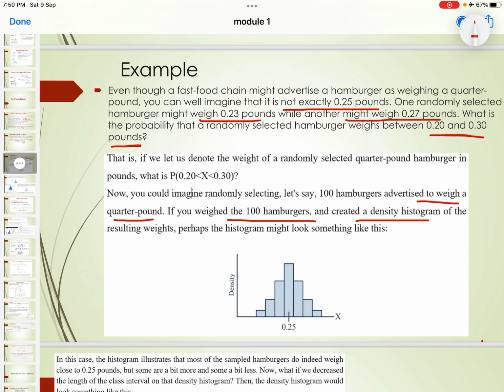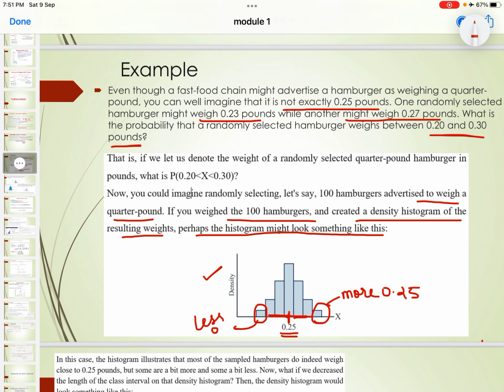If you weigh the 100 hamburgers and create a density histogram of the resulting weights, perhaps the histogram might look something like this. So what is it saying? Some hamburgers are weighing close to 0.25, but some are weighing more than 0.25 and some are weighing much less than 0.25.